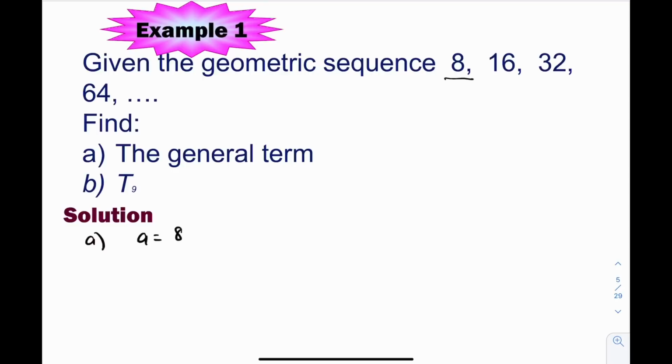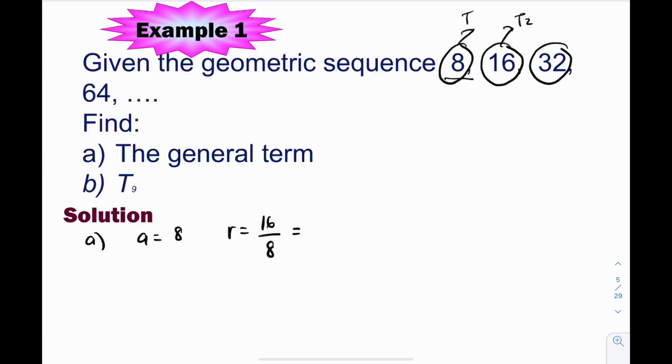In order to find r, you can use T2 divided by T1, which is 16 over 8, or T3 divided by T2, which is 32 over 16, which equals 2.